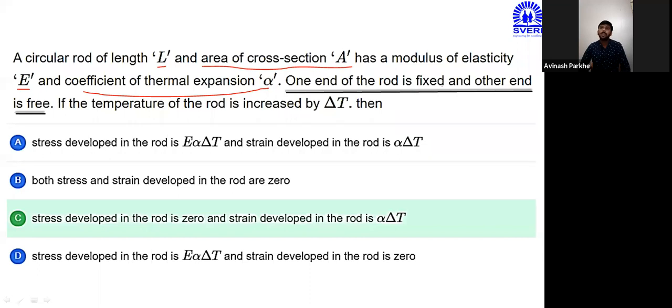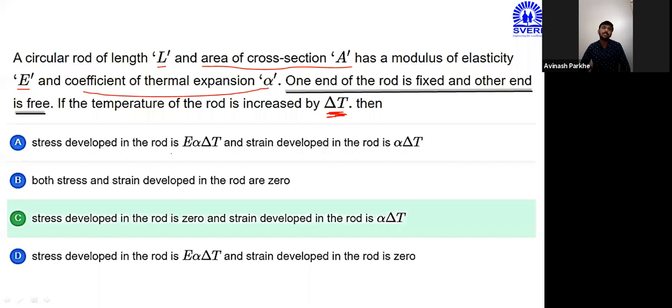One end of the rod is fixed and another end is free. What condition have they mentioned? One end of the rod is fixed and another is free. If the temperature of the rod is increased by delta T, then four options are given.